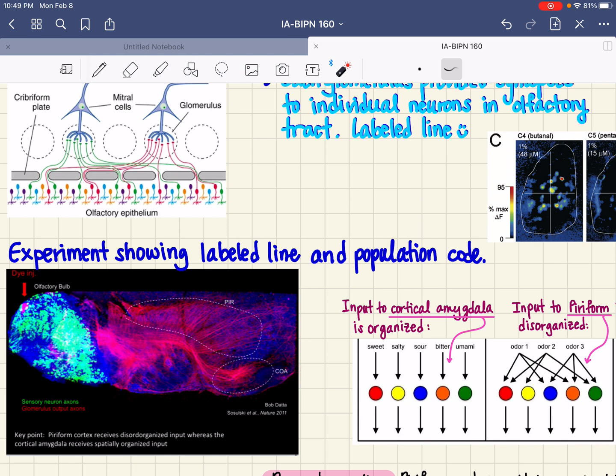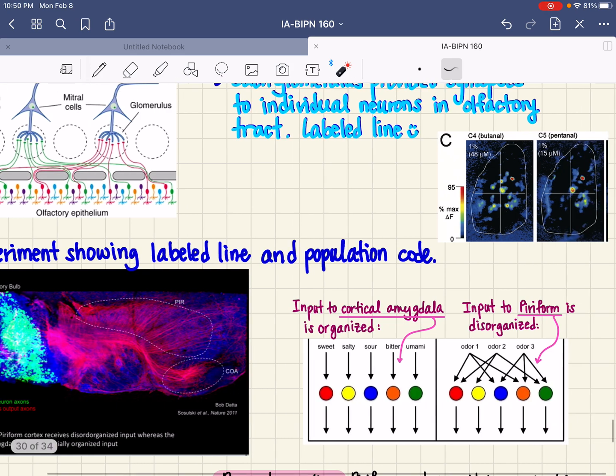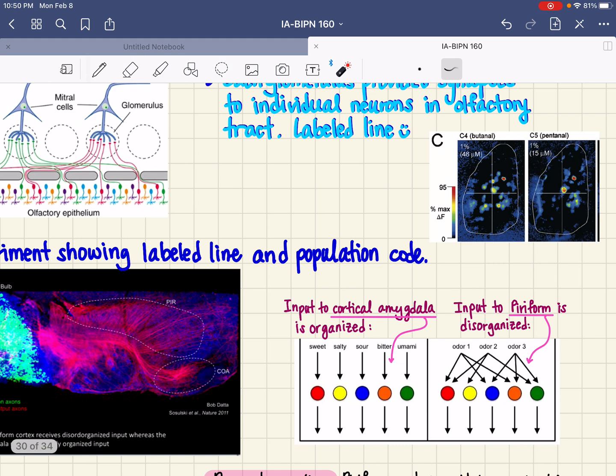From this rose the idea that the piriform cortex can actually be population code, and the cortical amygdala is labeled line theory. So input to the cortical amygdala is organized, so it is labeled line, and input to the piriform cortex is disorganized, so it is population code.